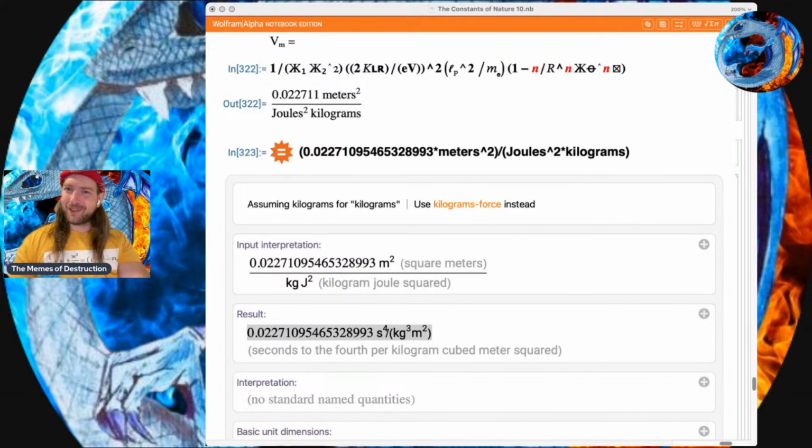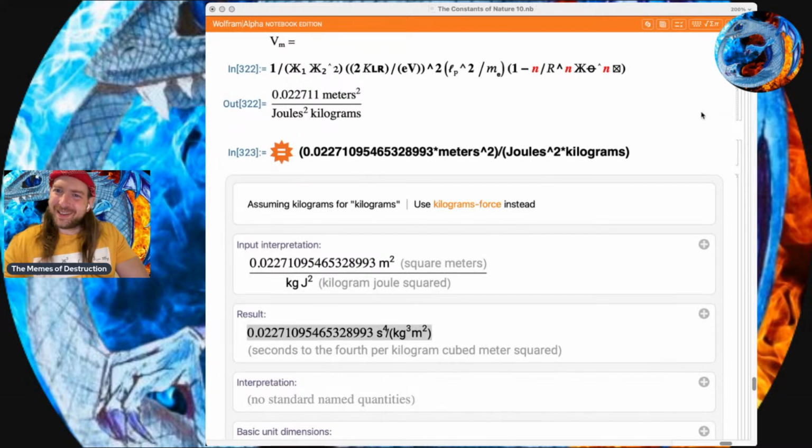So what is this? Meters per mole? Meters cubed divided by mole. Cubic meters per mole. Okay. Length 3, amount -1. Oh.